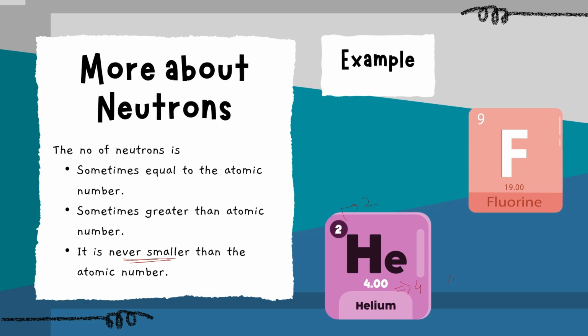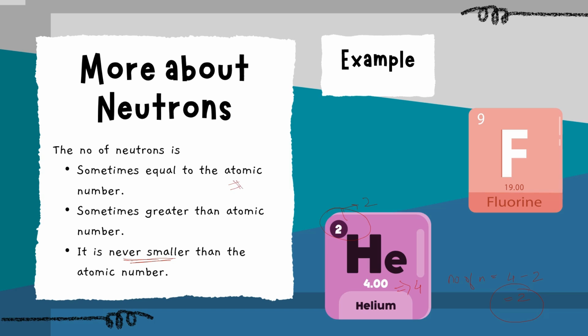So the number of neutrons will be 4, that is mass number, minus atomic number, which is 2. So the number of neutrons is equal to the atomic number. This is the first case.